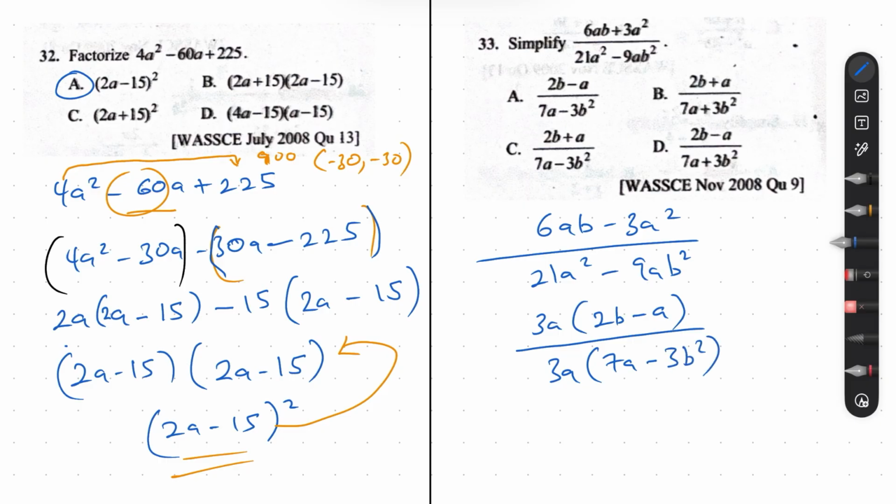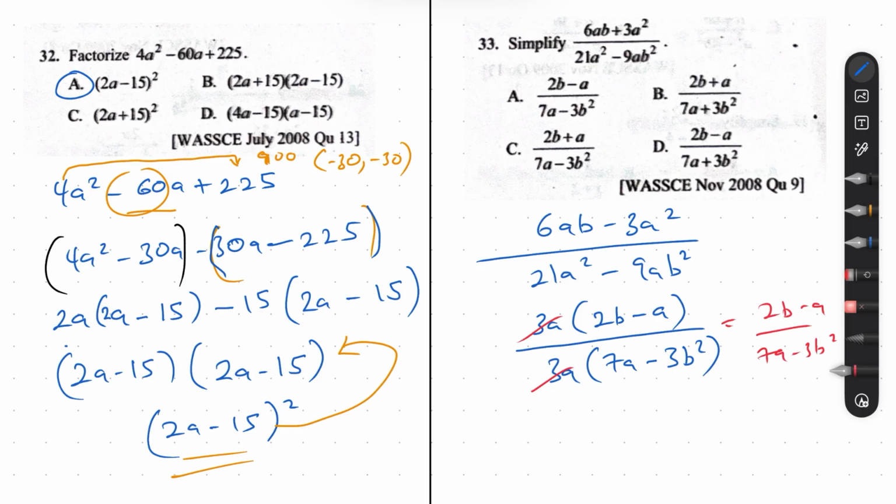So this 3a will cancel this 3a, and then our final answer will be 2b minus a all over 7a minus 3b squared. Do we have that? Yes, we do, which is a.